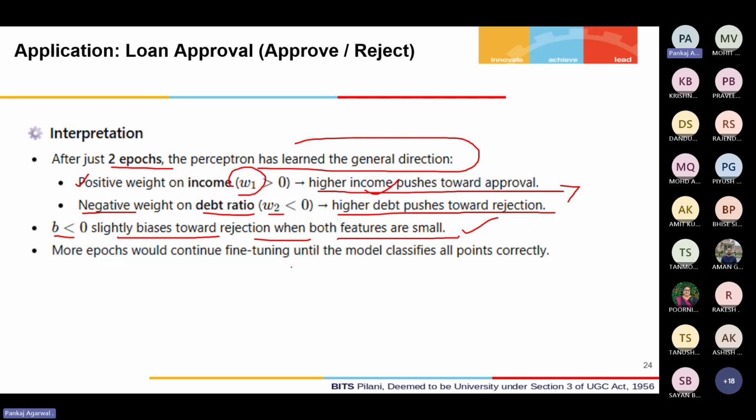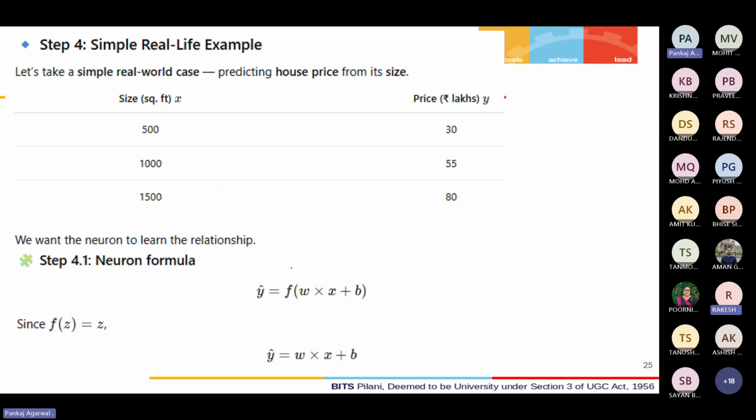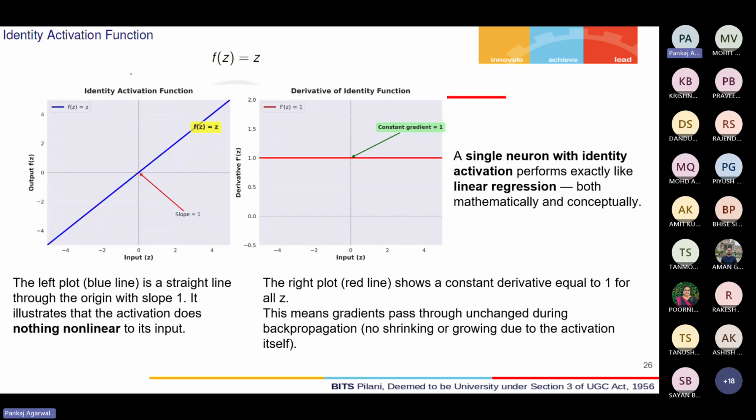Now what we are going to do today, again, I have taken this particular example. I can skip this one and come to this. The identity function, I think I have already covered all the activation functions, right? This entire session was about linear regression.